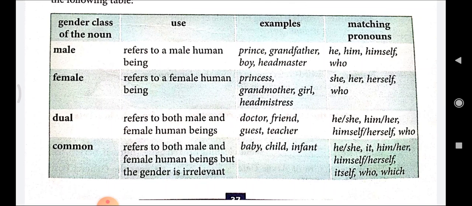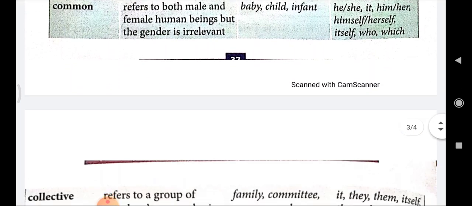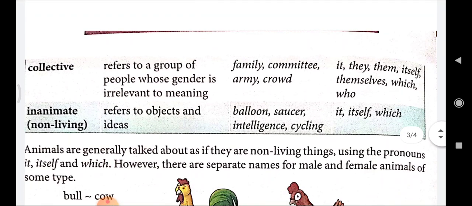That means it is not fixed. The next comes collective. Collective noun refers to the group of the people whose gender is irrelevant to meaning. Examples given here are family, committee, army, etc. The pronouns which are used for this class are it, they, itself, themselves, which, etc.